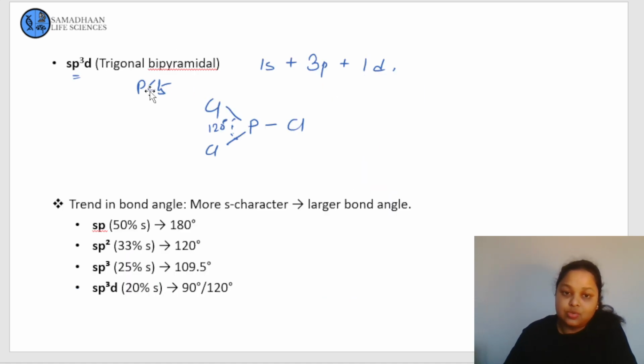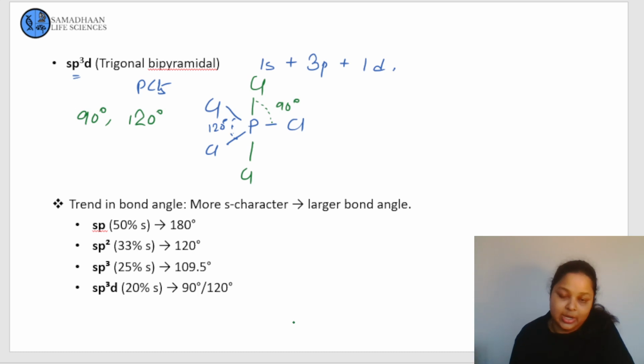But then these two extra chlorines are situated, one above the plane and one below the plane, and the bond angle between the above-plane or below-plane chlorine and the in-plane chlorines is 90 degrees. So here two types of bond angles are involved, one is 90 degrees, one is 120 degrees.